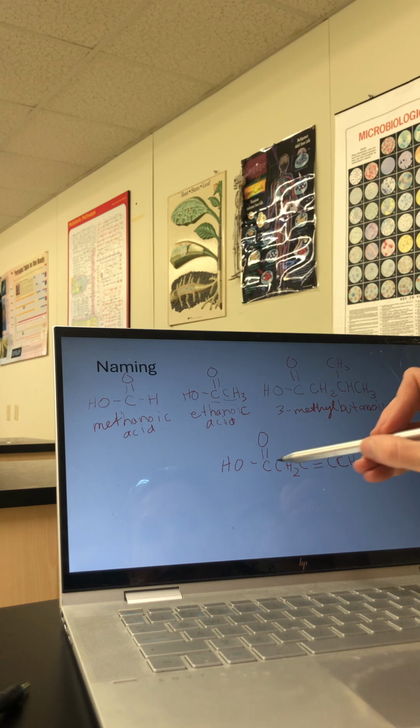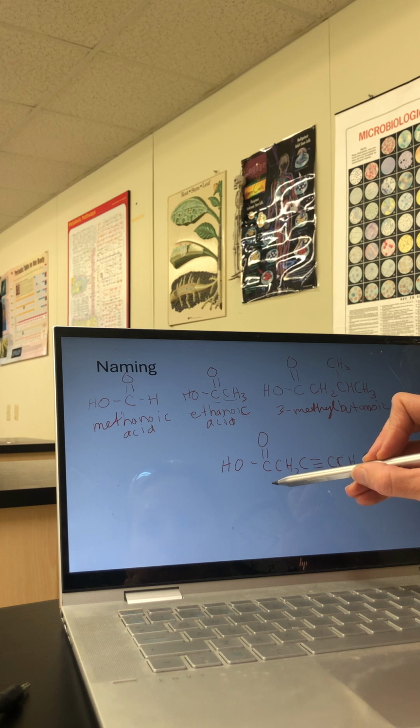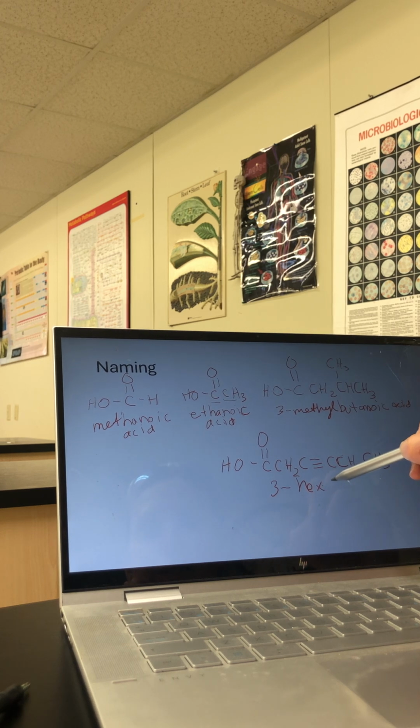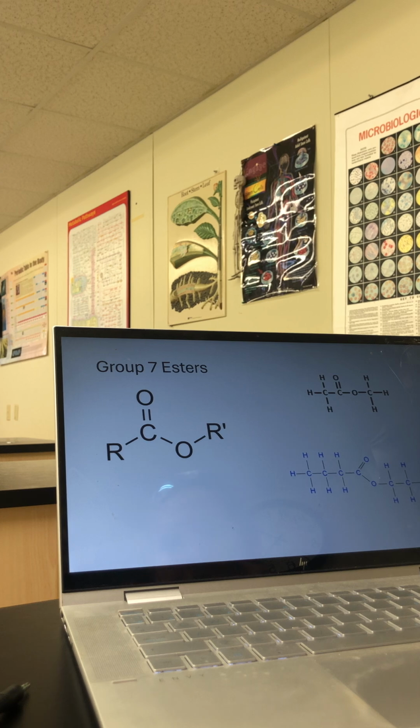So in this case, the triple bond is coming off of the third carbon, so it would be 3. We have 1, 2, 3, 4, 5, 6. So 3-hexanoic acid would be this one. Again, very similar to naming the aldehydes, except that it's a different functional group, so it's going to be a different ending.